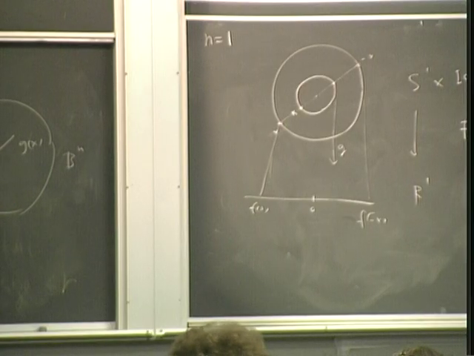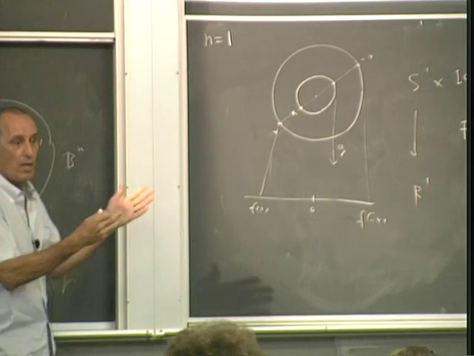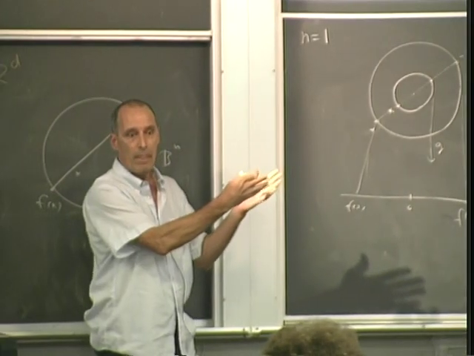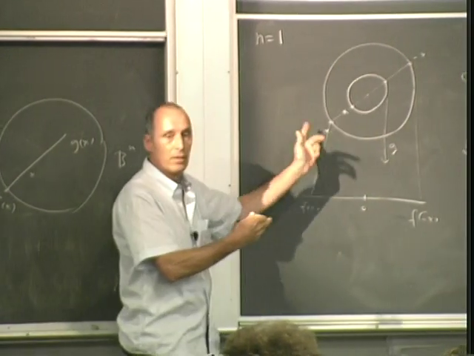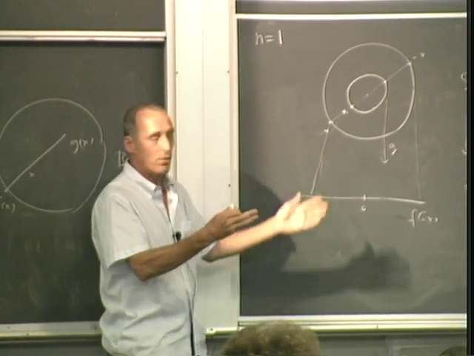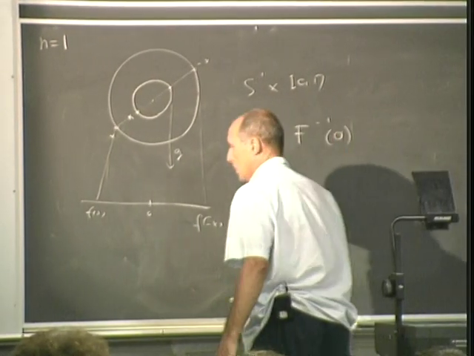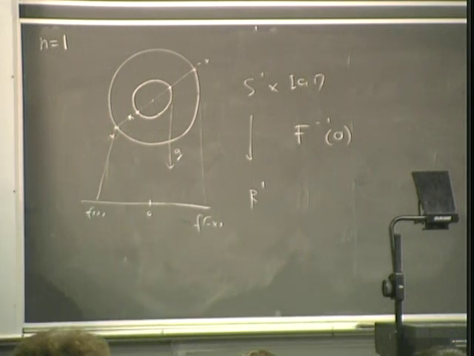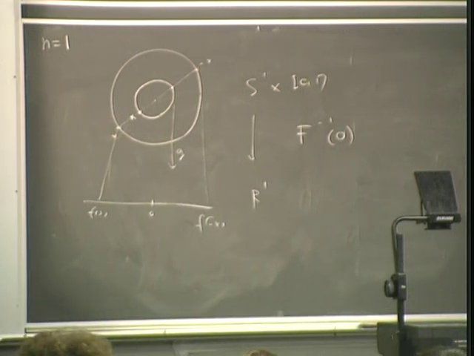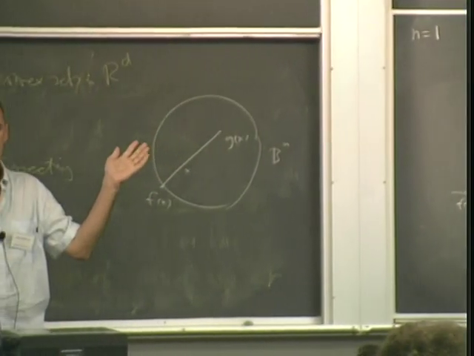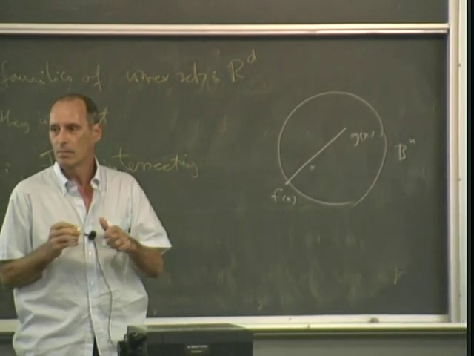Are you with me? What I want to show is that this guy has a 0 on the outer boundary. Capital F has a 0 on the outer boundary. So I look at the set F to the minus 1 of 0. I assume that my maps are nice, both F and G, which you take for granted this time.